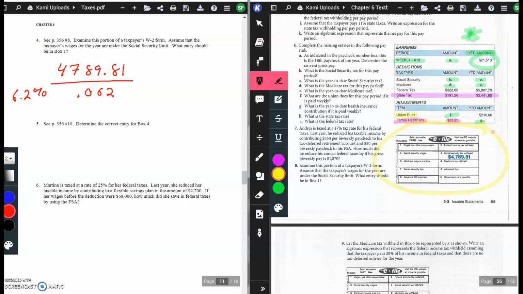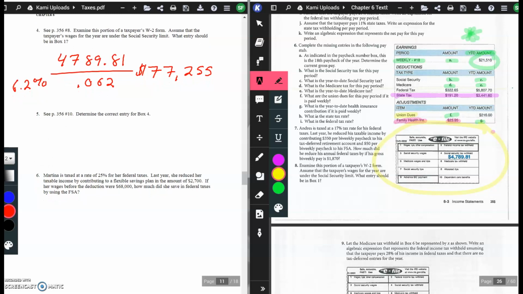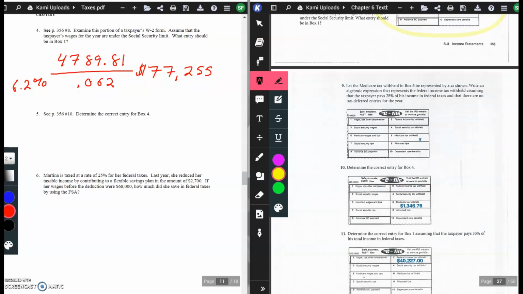We're not multiplying, but we're dividing because we're going backwards. Divide that out, and that'll give you a dollar amount of $77,255. Okay, so when we're working backwards, instead of multiplying, we're dividing. Remember that.